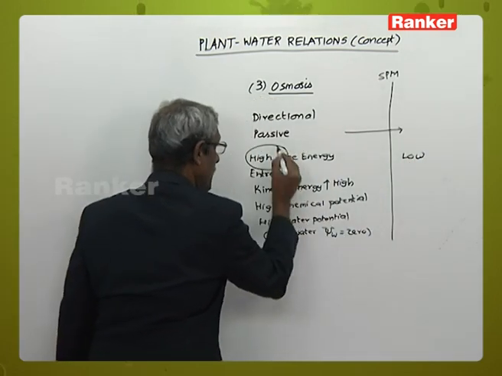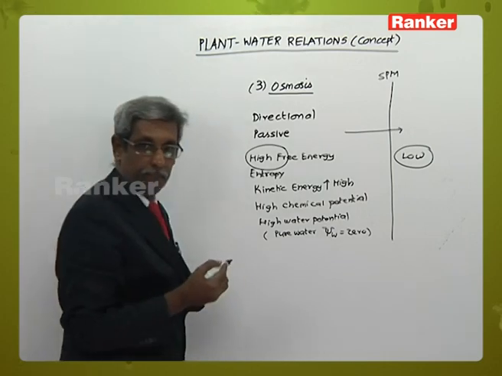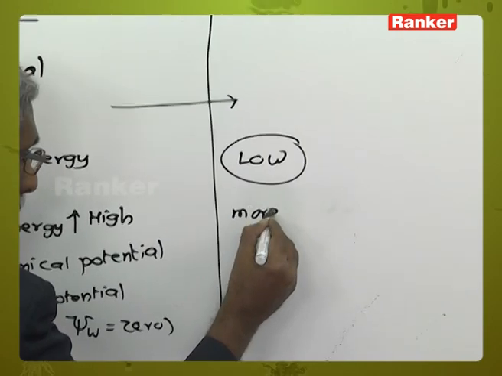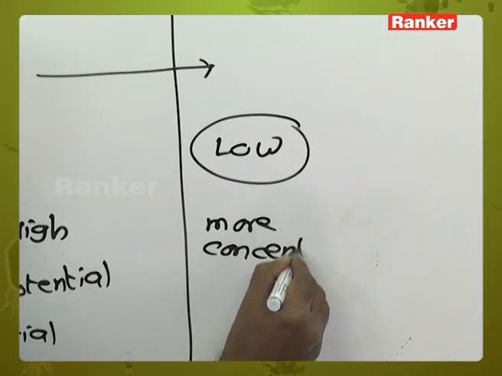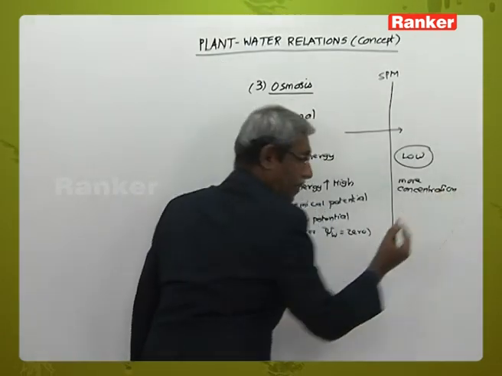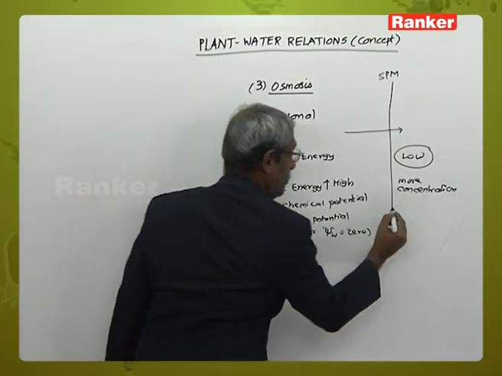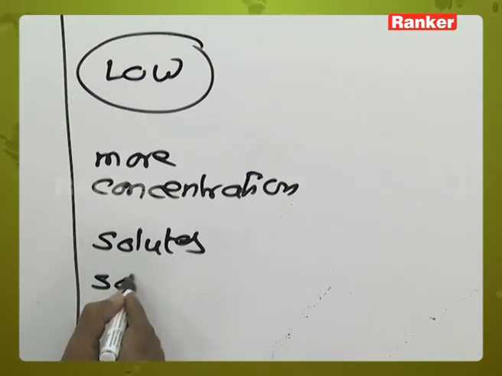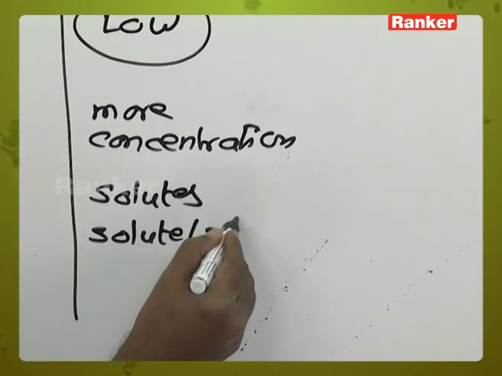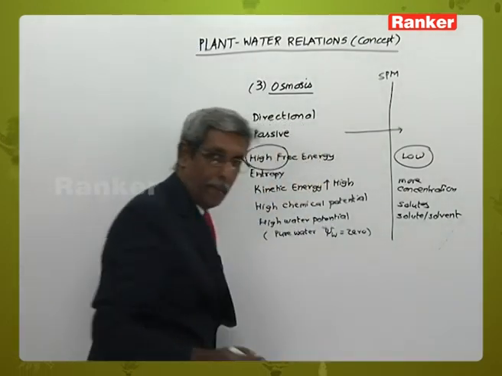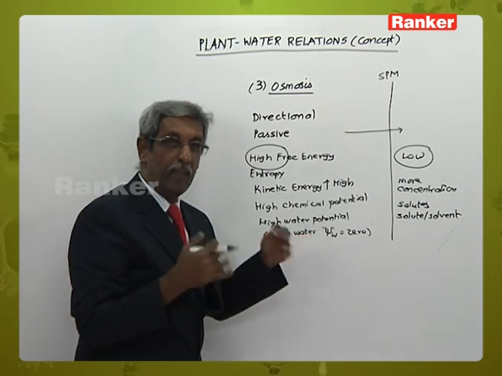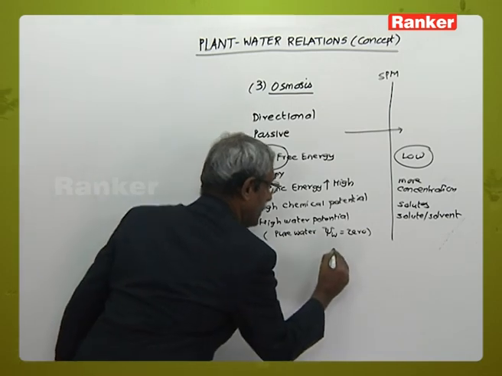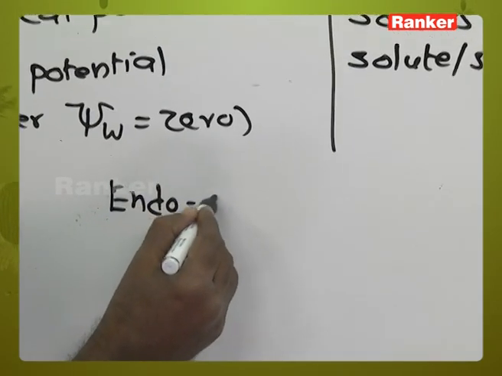From higher free energy, it goes to a lower free energy. And where there is low free energy, there is more of concentration. Why do you call it as concentration? Because there is presence of solute in a solvent. More of solutes are present. So, the solute dissolves in the solvent. Thereby the water loses its energy, free energy. And here this process is predominantly termed as endosmosis.